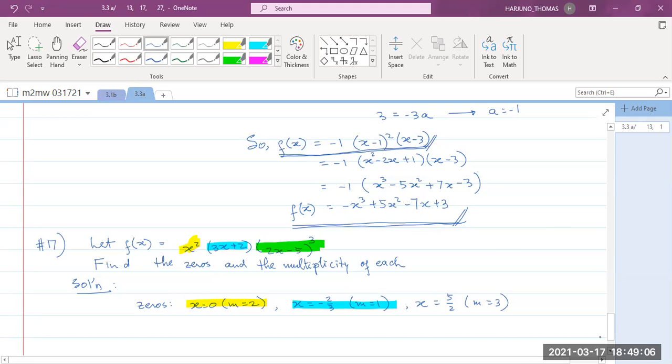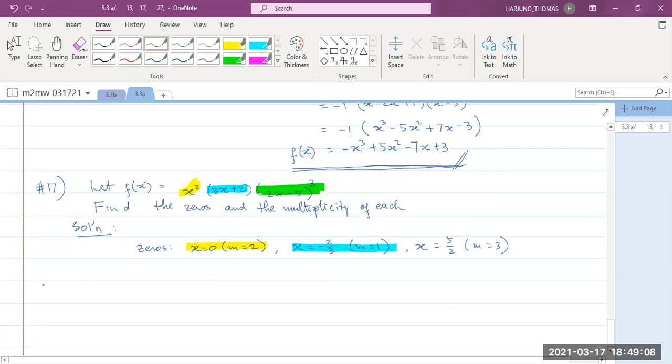Number 21. We have let f(x) equal, they don't really factor it for us in full, but it's good enough, (x squared minus 3) being squared.